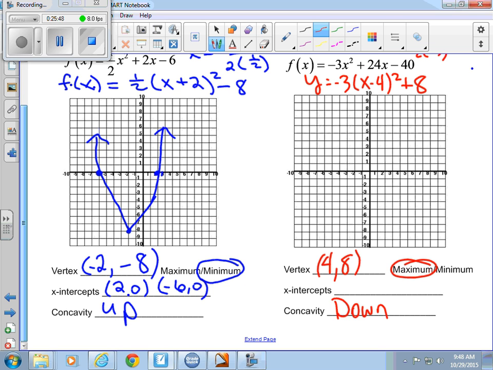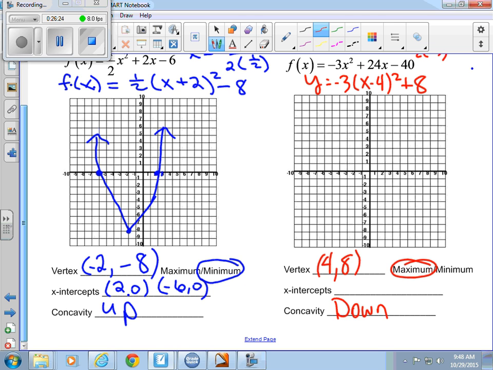Finding x-intercepts, did y'all do that? Oh, sorry. That's it. And that'll tell you this one should open straight down. 4, 8 is the vertex. And what do we get for the x-intercepts? 2 and what? 2.367.